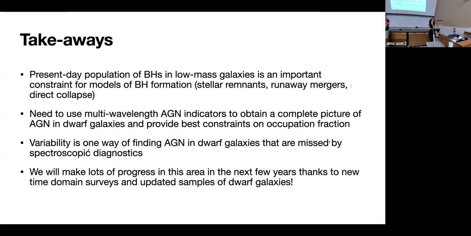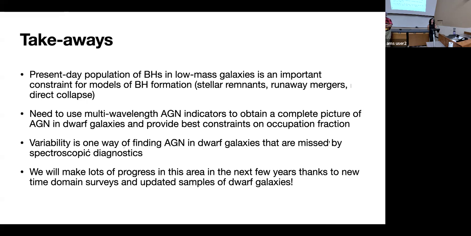Those masses were galaxy masses. So usually the black hole is about 1,000th the mass of the galaxy. In most of those systems, we don't have direct measurements of the black hole mass itself, but they're really good candidates for follow-up.